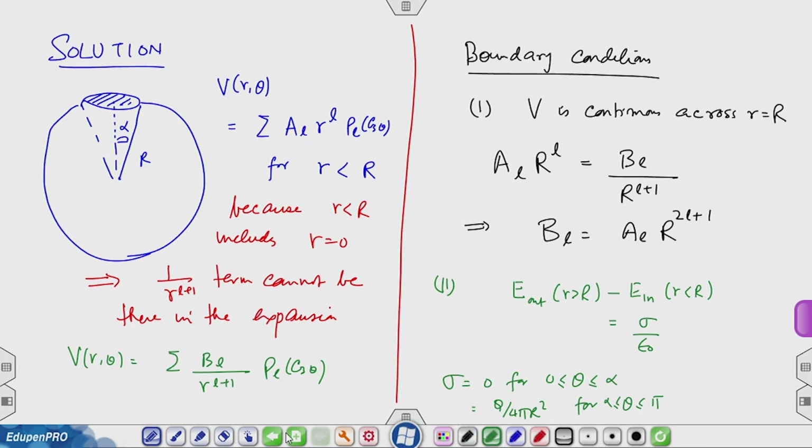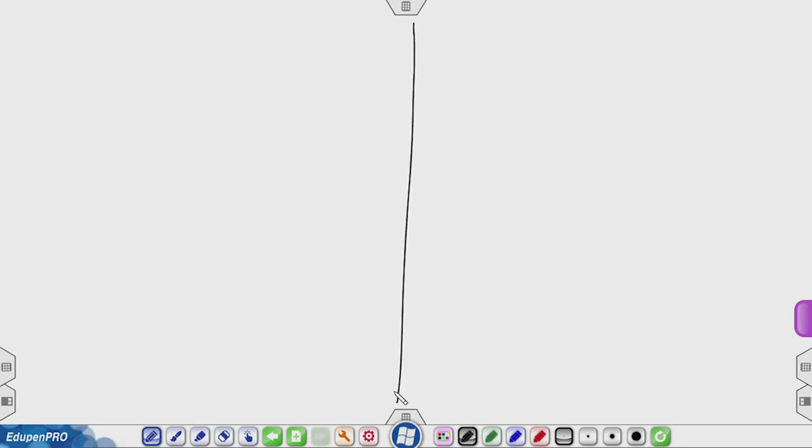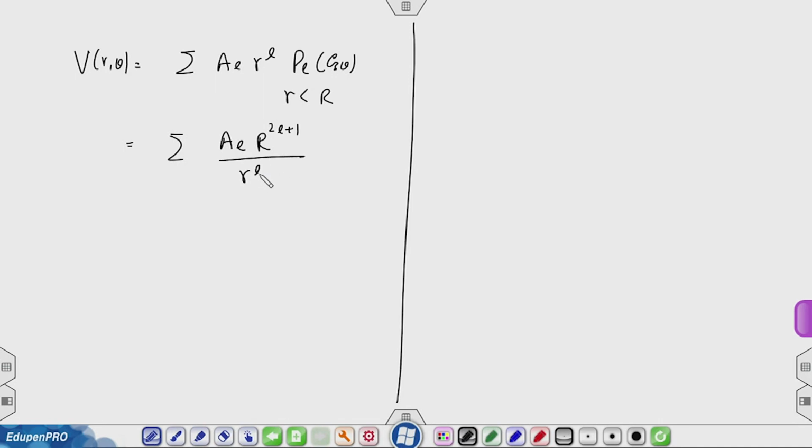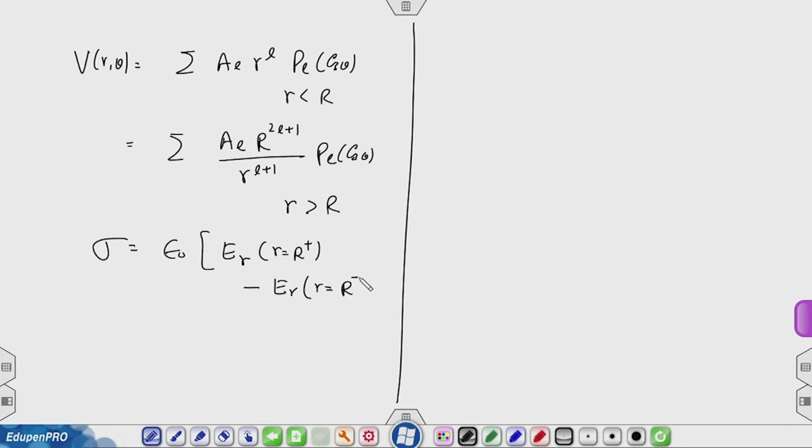So, let us do that. V(r, theta) is going to be equal to A L r raised to L P L cosine theta for r less than R, and is equal to summation, now that we have calculated B L also, which is nothing but A L R raised to 2L plus 1 divided by r raised to L plus 1 P L cosine of theta for r greater than R. And we have sigma equal to epsilon 0 E perpendicular, that is radial, at r equals R plus minus E radial at r equals R minus.